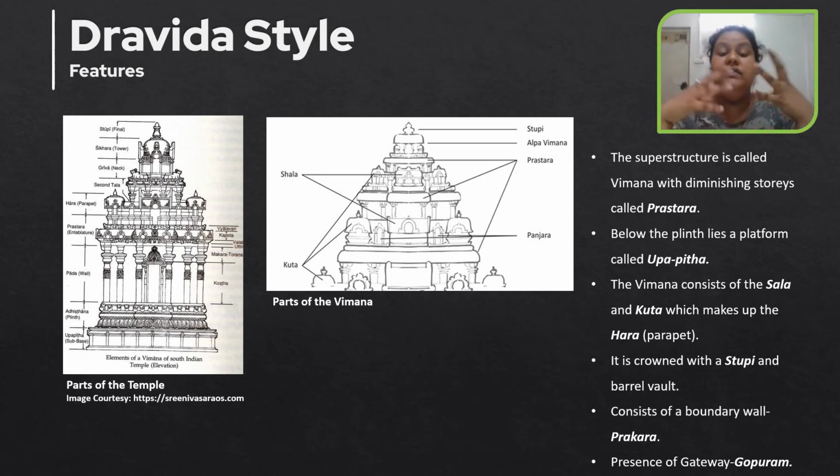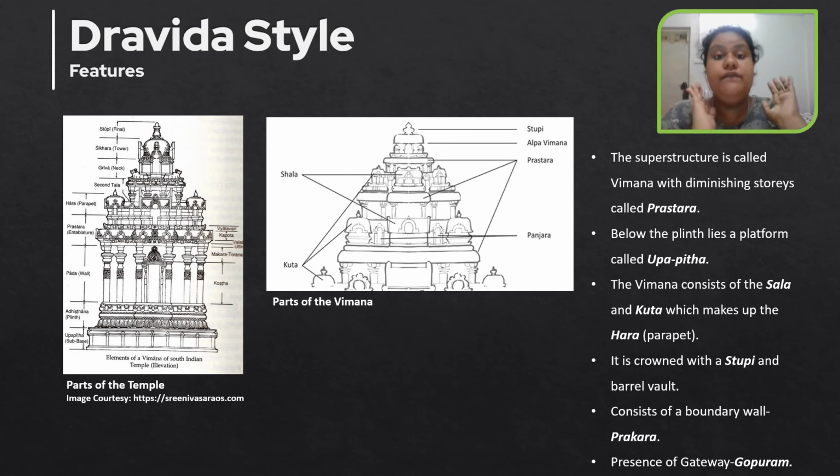The other feature of South Indian temple architecture is the presence of a boundary wall, which we see in only a few examples in the Nagara style, and that too in the beginning of the style of temple architecture. In later periods, we do not get the presence of boundaries.